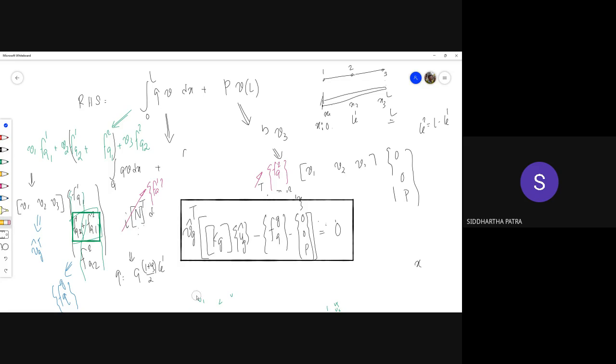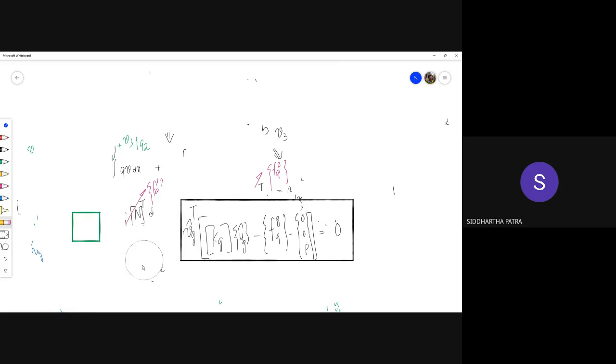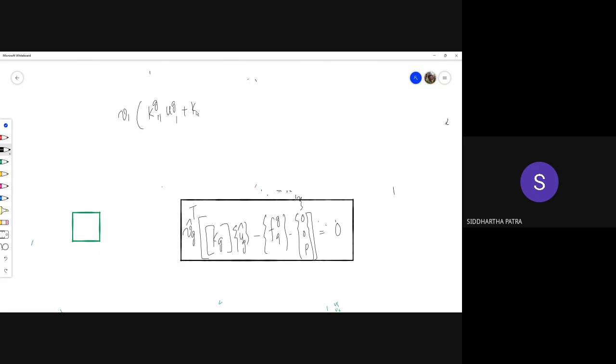As we have done this previously, we can again expand this into a dot product, which would be something like V1 times, let's say I am writing just the first one, kG11 UG1 plus kG12 UG2 plus kG13 UG3 minus FG Q1 minus 0, plus V2 times corresponding terms, then V3 times the corresponding terms, equal to 0.